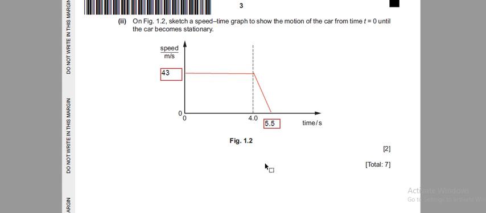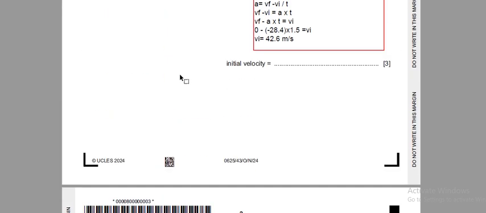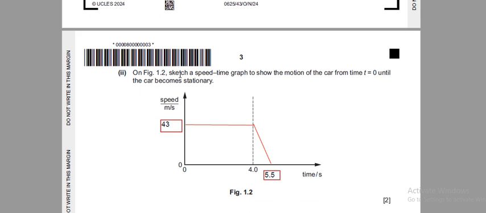Sketch the v-t graph. At first, it starts with an initial velocity that we have just calculated to be 43 meters per second, and it travels with it until it hits the barrier after 4 seconds from starting its motion.